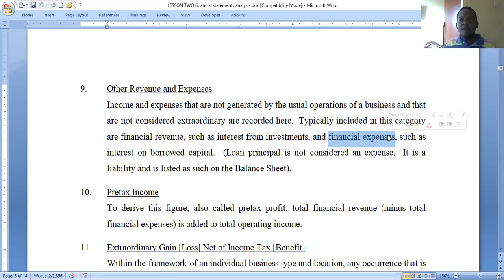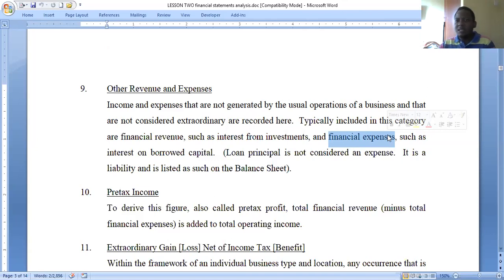So a furniture company paying financial expenses, interest expense, is not the normal operation of the business. The normal operation of the business is to produce furniture, but not to pay interest. The business is not a bank, but a furniture business.